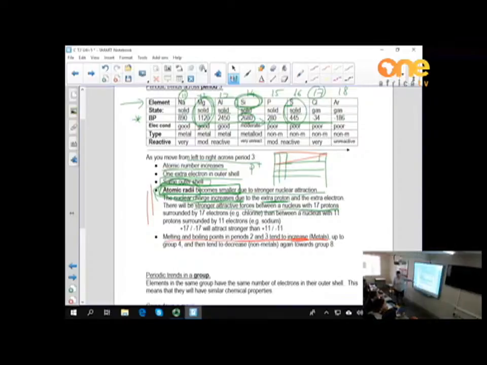And then, up to group 4, where we have 1, 2, 3, 4, here's group 4, what happens? They tend to decrease towards group 8. All right, and that's got to do with the non-metallic characteristic.